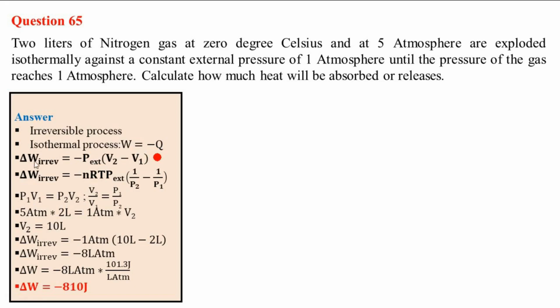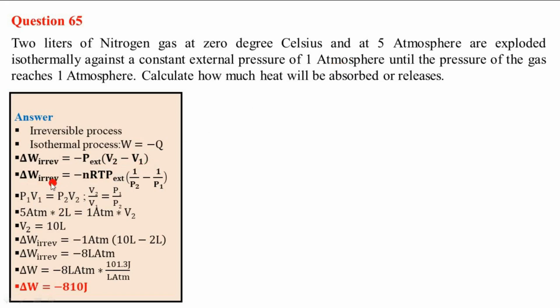In an irreversible isothermal process, you can use this formula where you have the external pressure, given as 1 atmosphere, constant external pressure, times V2 minus V1. Do we have V2? But V1 we have, it is 2 liters.